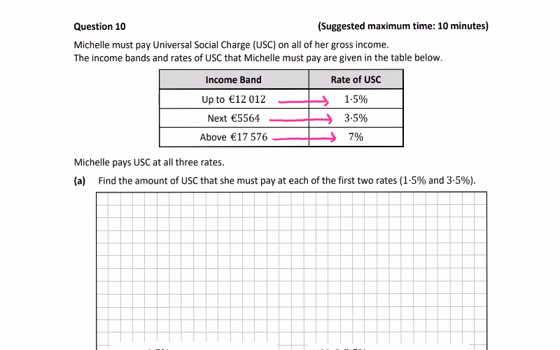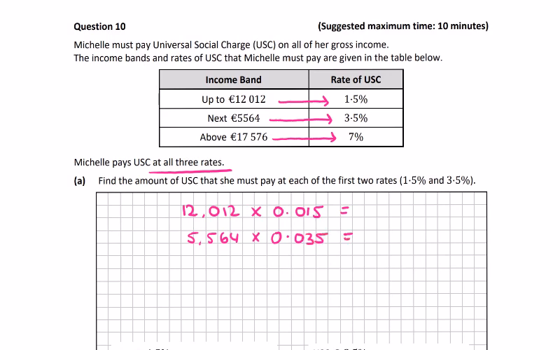So we need to find out how much USC she pays on the first two rates. I'm not given anything about income yet, but let's assume she earns at least 12,012. She pays at all three, so she must. 1.5% is 0.015, and then on the next 5,564 she pays 3.5%, 0.035.